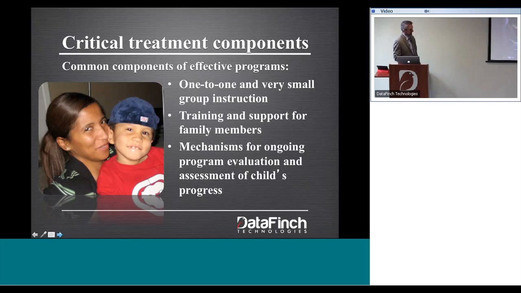Training and support for family members is critical. Family members need to know how to teach new skills, how to deliver instruction with precision, how to reinforce appropriate behavior accurately, how to not reinforce inappropriate behavior, how to develop new programs, how to generalize what I've learned in this situation to other situations.